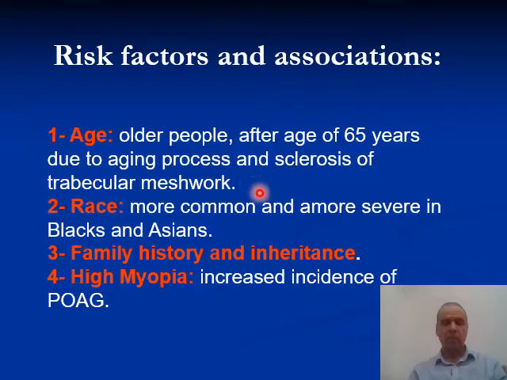Primary open-angle glaucoma is more common in Negroes and Asians, with a positive family history in first-degree relatives, and also the prevalence and incidence is higher in myopic patients, especially pathological myopia.